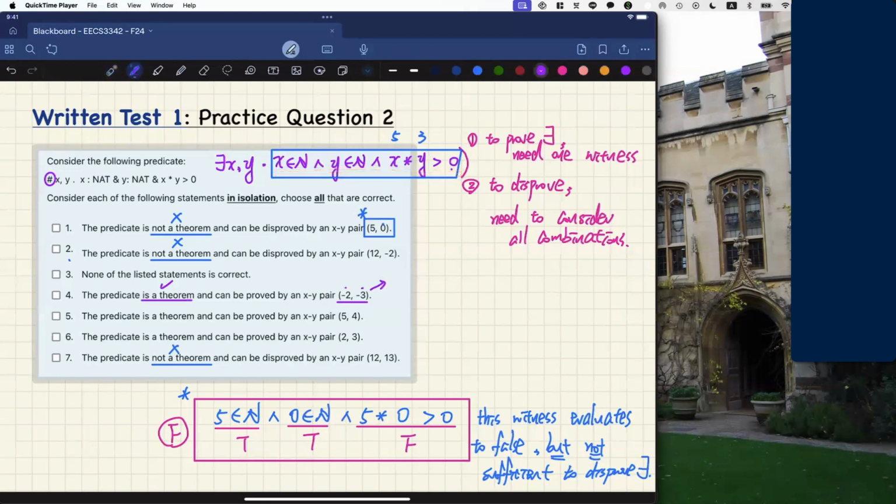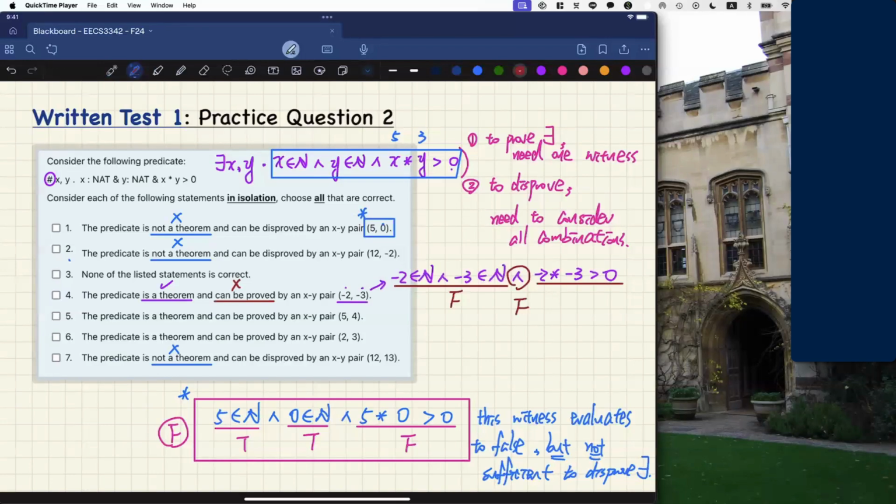So you have to evaluate -2 is a natural number and -3 is a natural number, and also -2 multiplied by -3 larger than 0. And apparently, these two are both false. So that means the conjunction here is going to be false, doesn't matter what this is, even though it's true. All right. So this can be proved is actually wrong because it evaluates to false.